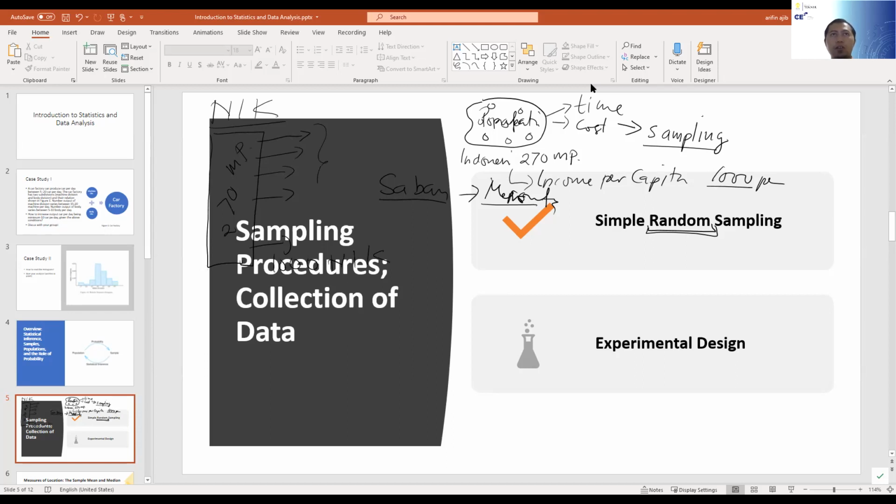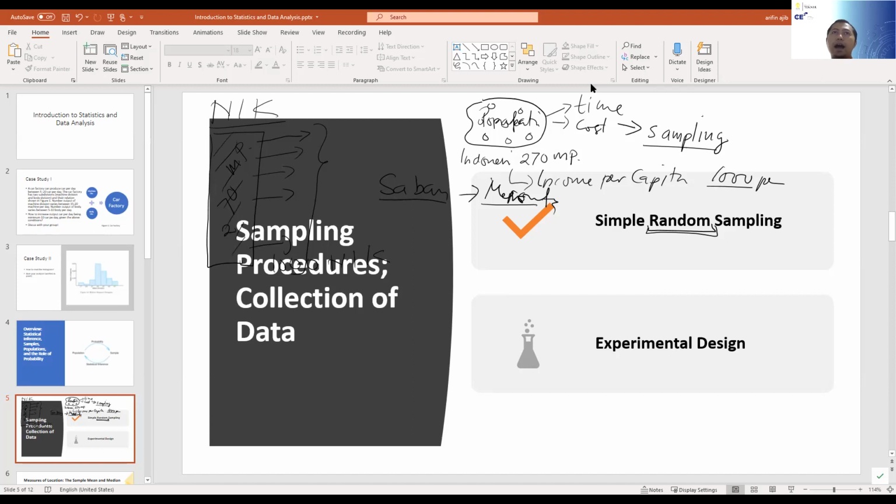This method we can say is random if we take the data from the population data. Okay, I hope it's clear.